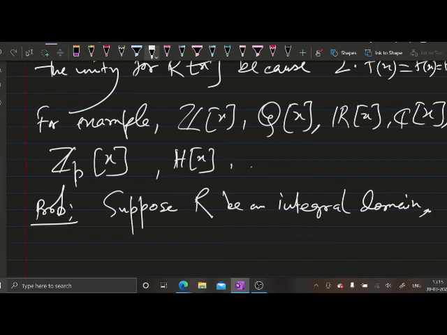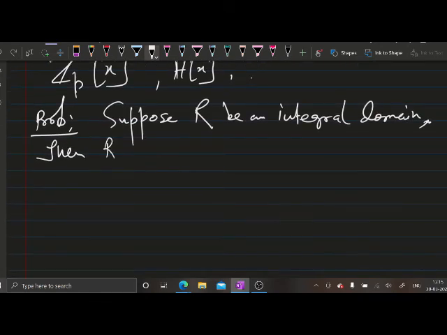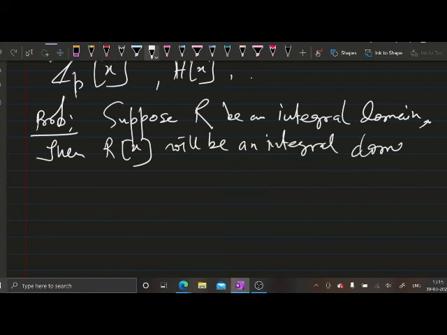So suppose R is an integral domain, then what would be your ring of polynomials? The ring of polynomials R[x] will also be an integral domain. Why is it true?